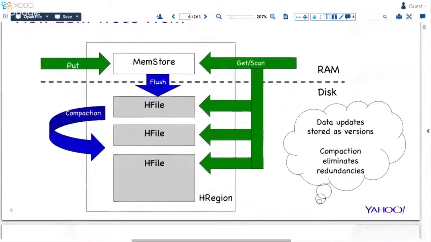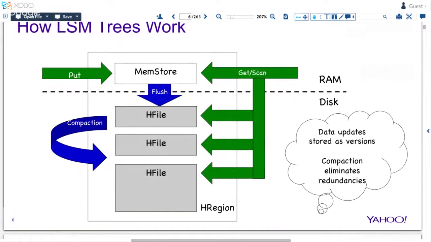So before we get to the Accordion ideas, this is how LSM trees work in a nutshell. We have two separate paths: the read path and the write path. On the write path, the put operations are absorbed by the in-memory buffer called MemStore, and every once in a while that buffer overflows and is flushed to disk, where creatures called HFiles are created.